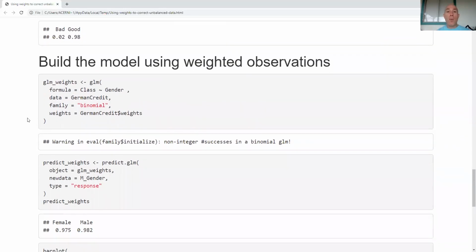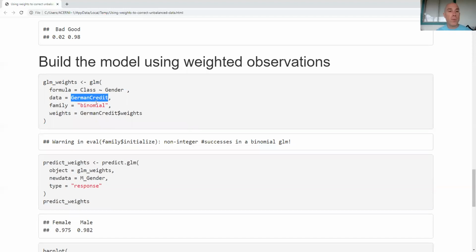All right, so now I'm going to build the same model, but this time I'm going to include weights. Here, it's the same formula as before, so classification depends on gender. Now this is a very simple model, but I think this is a good way of showing you the importance of having data that reflects the population we want to make an inference on.